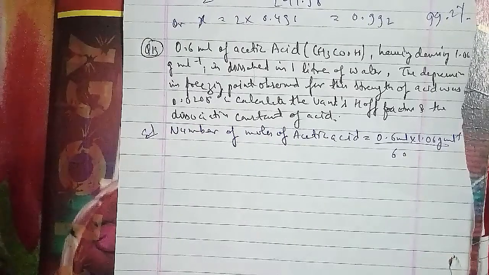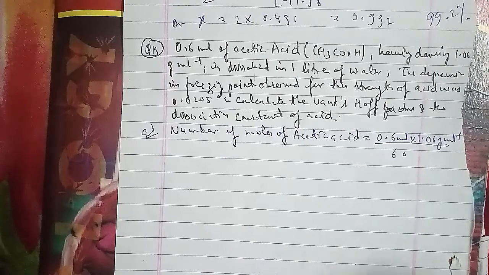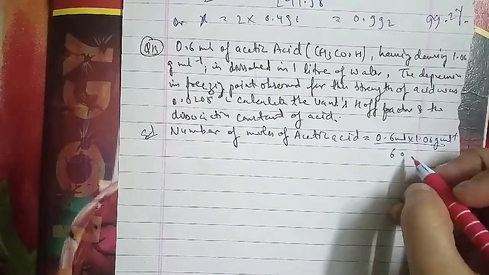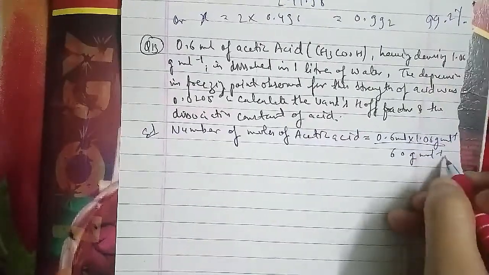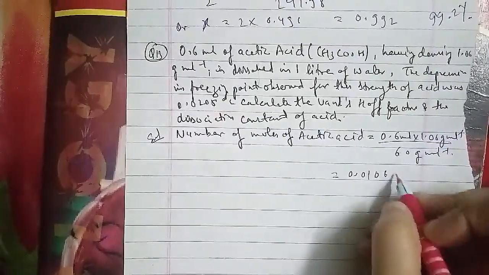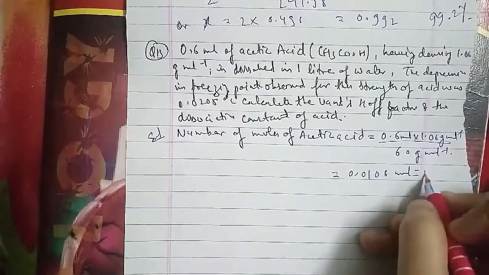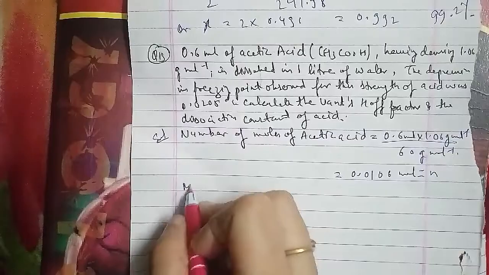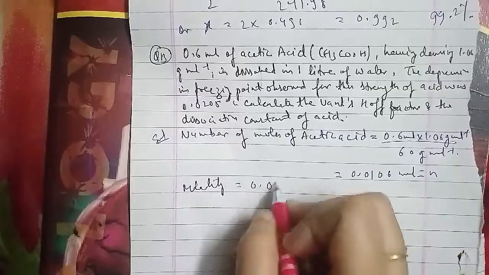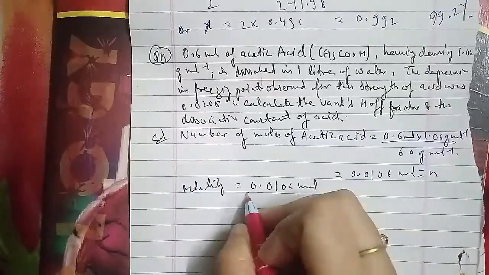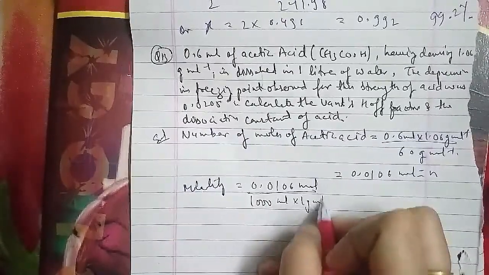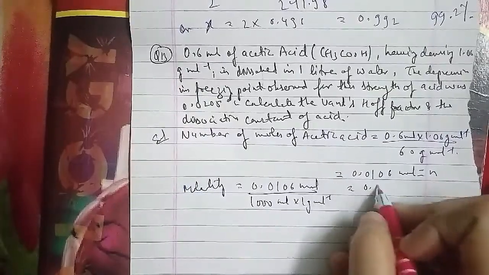Molality equals 0.0106 mole upon 1000 ml into 1 g mL^-1, which equals 0.0106 mol kg^-1. Using this, delta Tf equals 1.86 K kg mol^-1 into 0.0106 mol kg^-1, which equals 0.0197 K.